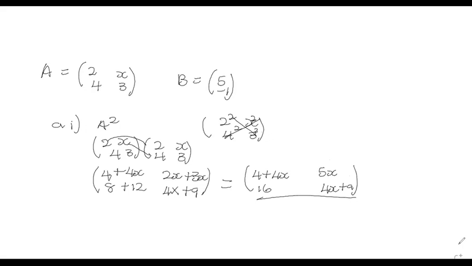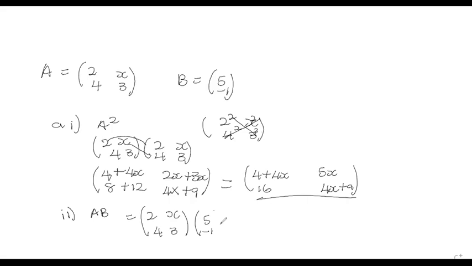Then part 2, it says you are required to find AB, which is equal to, your A is 2x, sorry, 2, x, 4, 3, multiplied by your B, which is 5, minus 1.